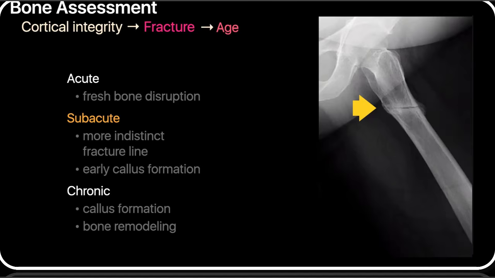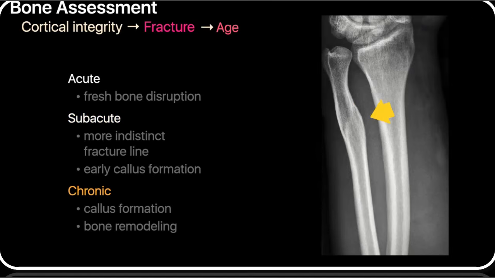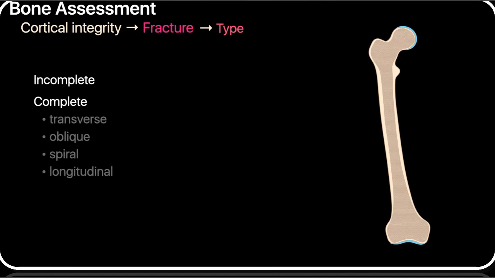You may also see early callus formation bridging the fracture plane. With a chronic fracture, the bone along the sides of the fracture will usually have fused and a lucent fracture line is no longer visible. Smooth callus and remodeling may have also occurred, resulting in a localized deformity in the shape or contour of the bone.